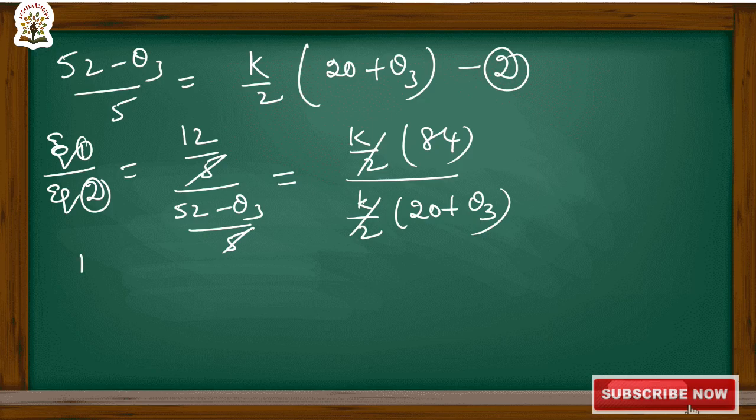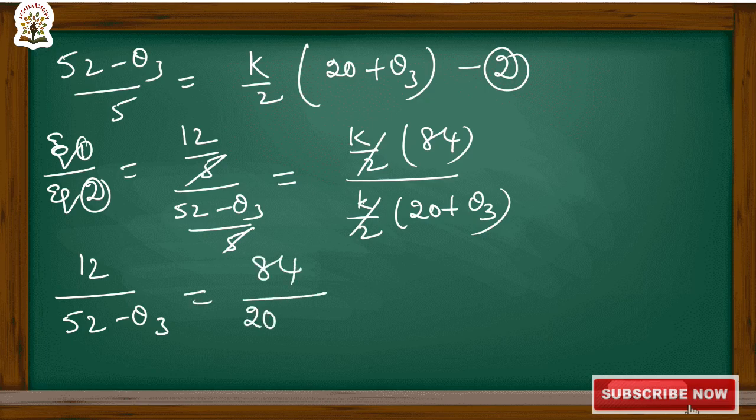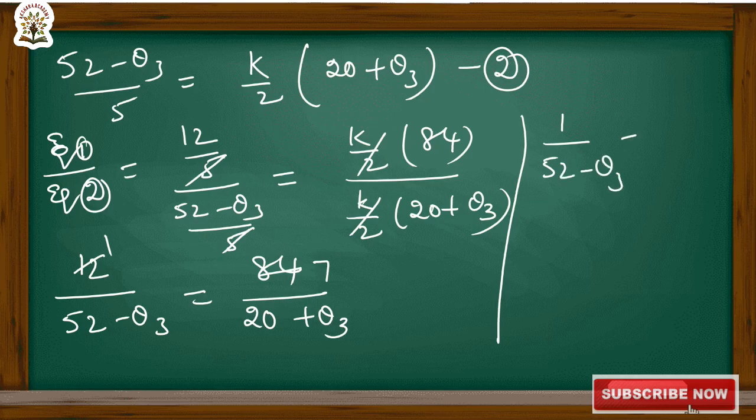So next step we are getting 12 by (52 minus theta 3), that is equals to 84 by (20 plus theta 3). Here 12 ones are 12, 12 sevens are 84. Next we are writing 1 by (52 minus theta 3) is equals to 7 by (20 plus theta 3).